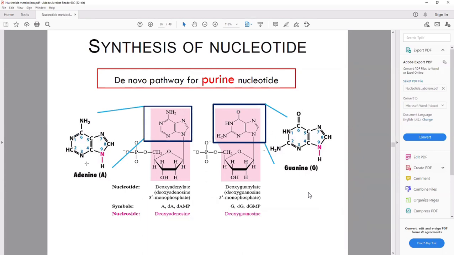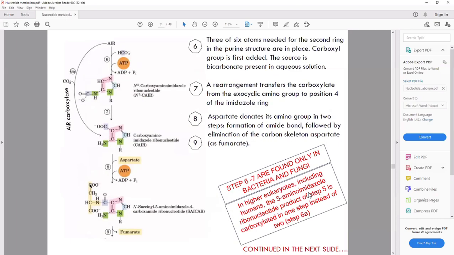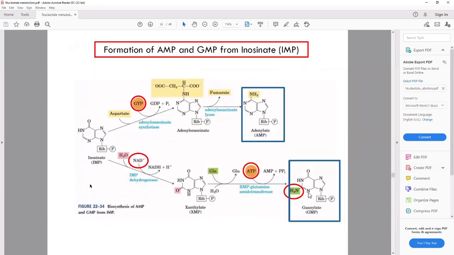So AMP is something where adenine is attached to ribose and monophosphate. Look at this structure. You have adenine, but when it is attached to ribose and phosphate, it forms adenosine monophosphate.